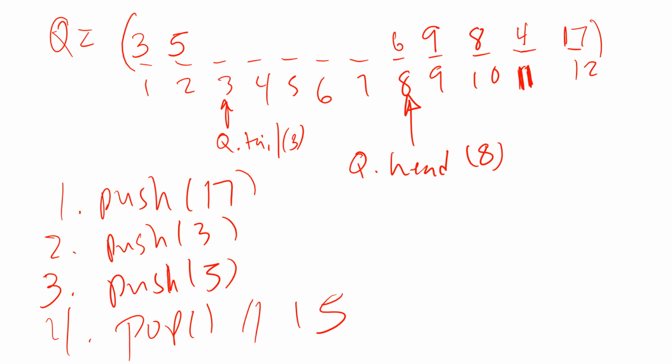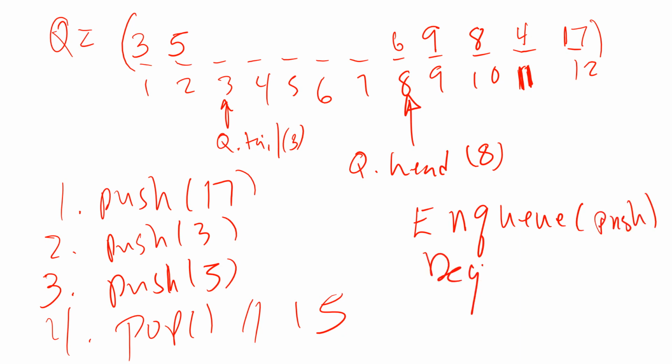Okay. So these, just like before, you can go look at the authors. He has pseudocode for NQ, which is our push, and DQ, or pop. He has them. They're basic, just like before, array indexing, right?